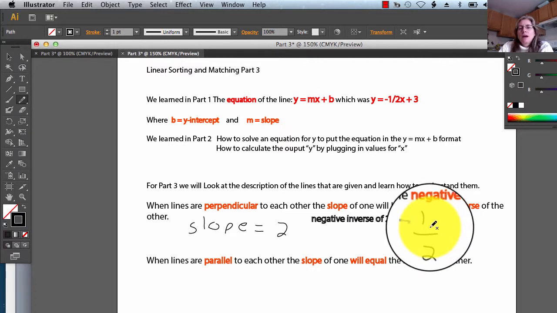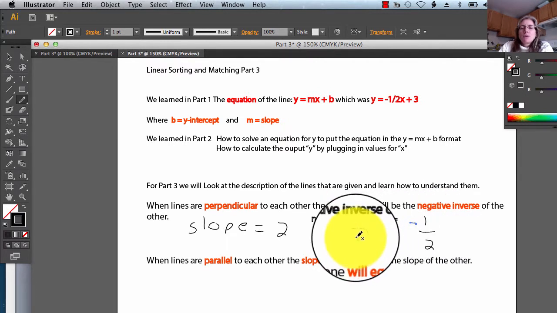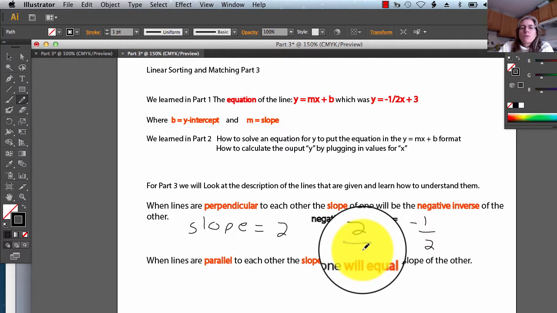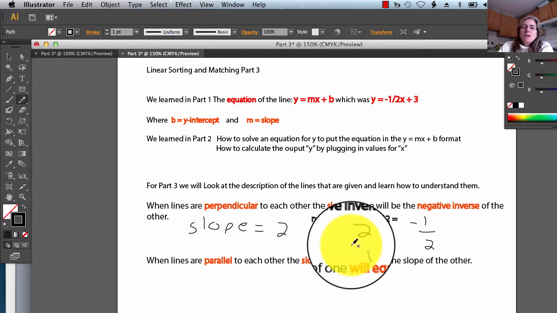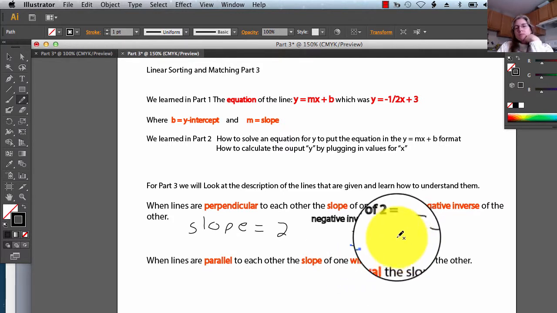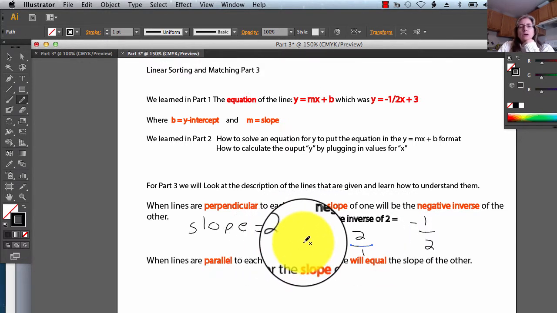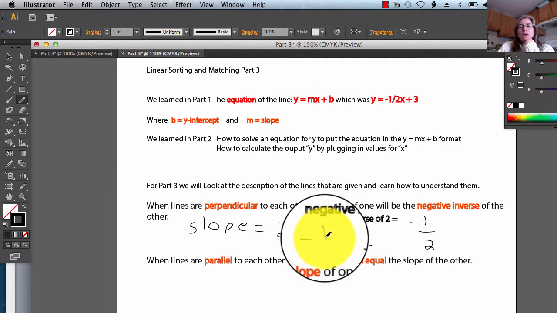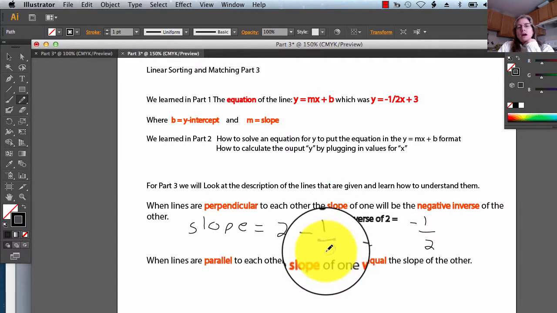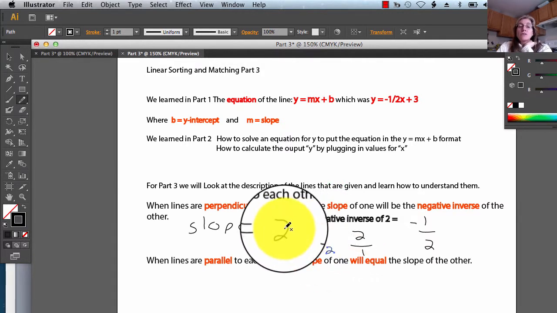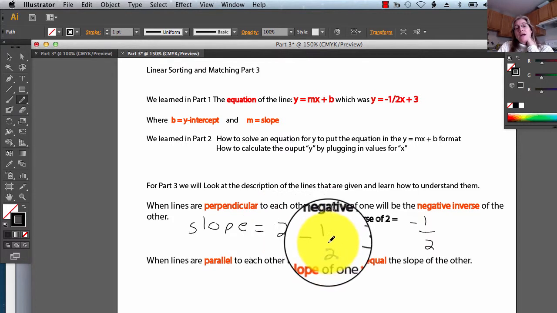It's negative 1/2, because 2, remember, is 2 over 1. So the negative inverse of slope 2 is negative 1/2. So anytime we have a line with a slope of 2 and then another line with a slope of negative 1/2, those lines are perpendicular.